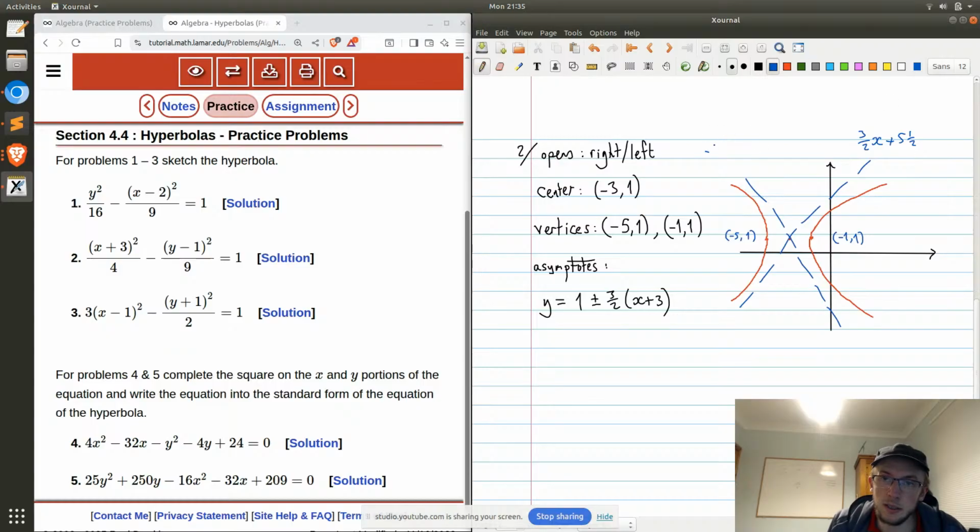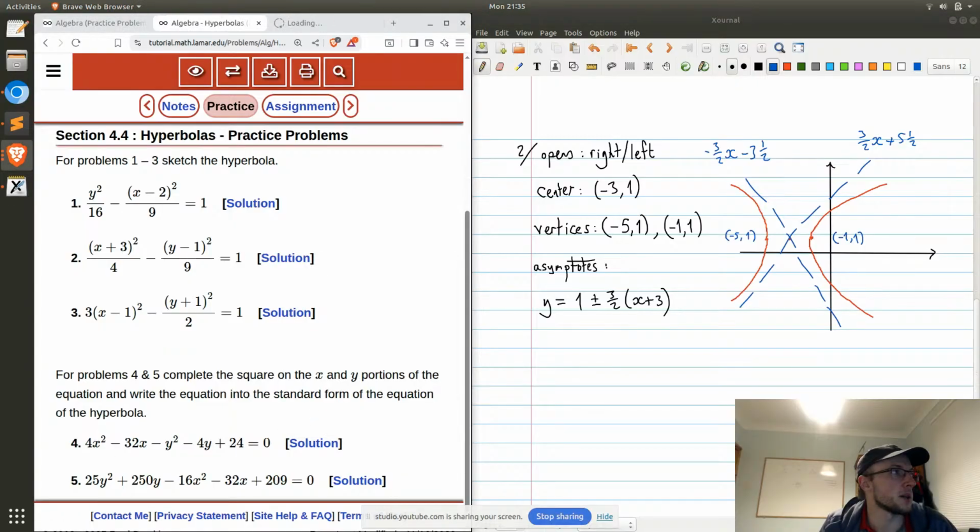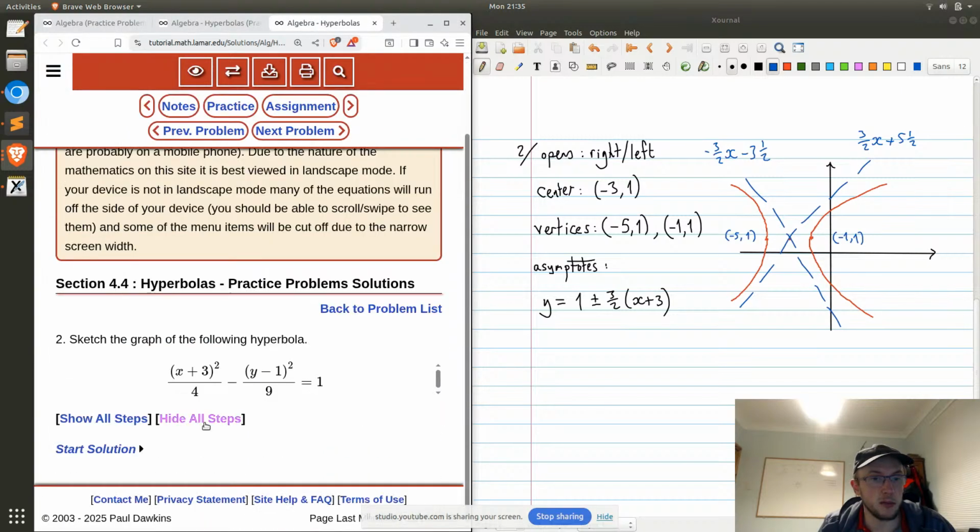And minus 3/2x minus 3.5. And let's check it out. Let's see if we did better than before, because it's all about doing better than what you did before.